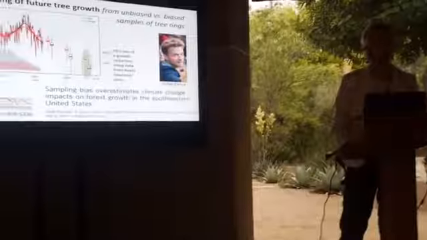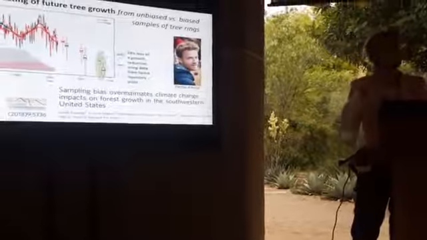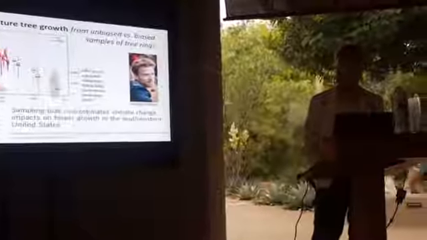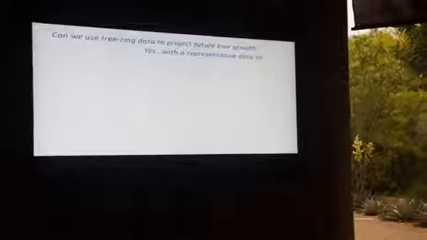So in other words, it's an upwards correction of the predicted decline of forest growth based on the forest inventory data. Okay, so can we use tree ring data to project future tree growth? Yes, but we want to do that with a representative data set. We want to do that with a data set that really represents what the trees look like out on the landscape, and not the really special climate sensitive trees.